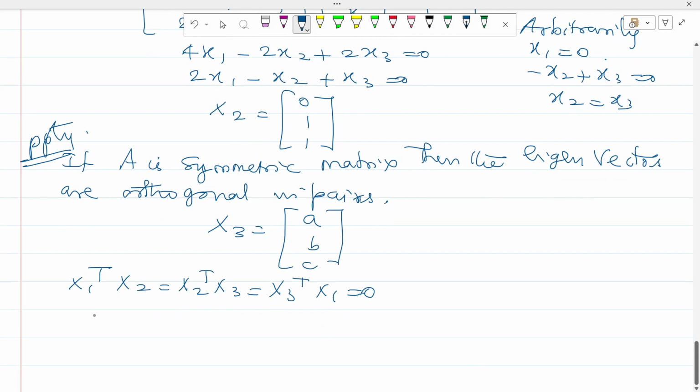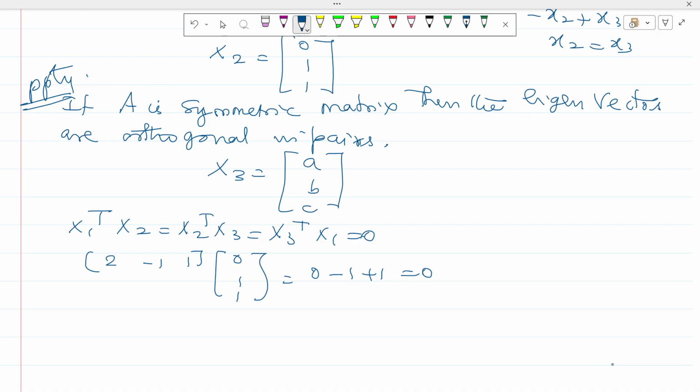But what is x1? x1 is 2 minus 1, 1. x2 is 0, 1, 1. Multiply this: 0 minus 1 plus 1 equal to 0.